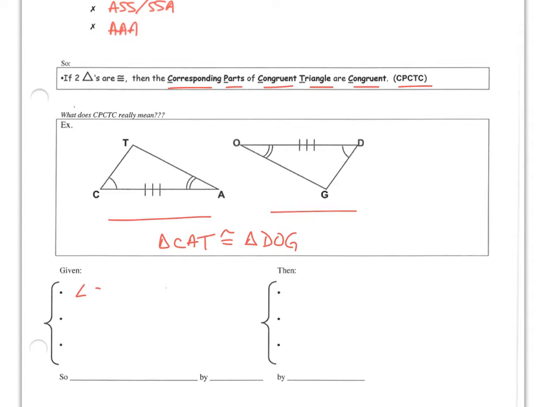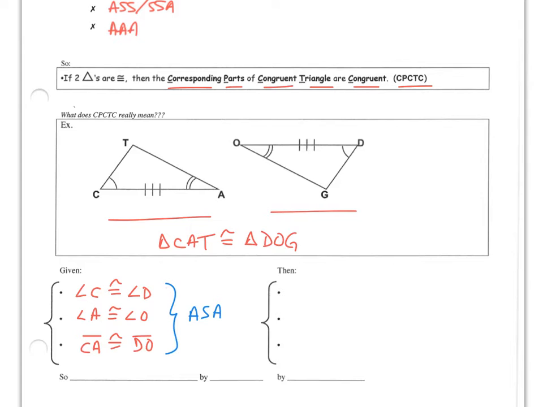I know that angle C is congruent to angle D. I know that angle A is congruent to angle O. And I know that side CA is congruent to side DO. All right, now I've used only 3 things of the 6 things. Remember, 6 things, 3 sides, 3 sets of angles. Of the 6 things, I've only used 3 in order to prove the triangles are congruent, and I've done that using the idea of angle, side, angle.